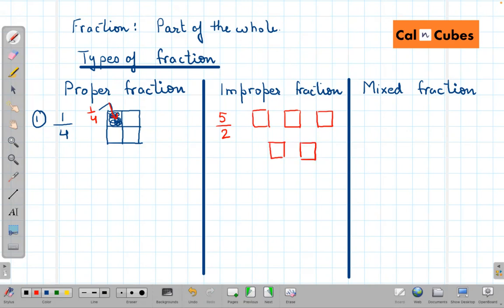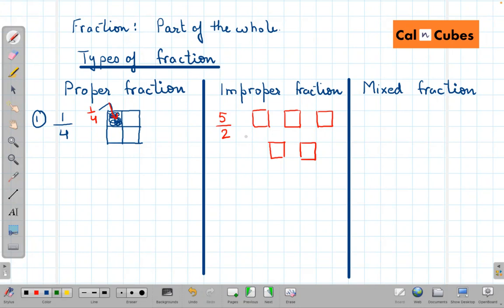Now, 5 squares are being divided among 2 people. How will you divide? Tell me. We can't divide, ma'am, because 5 is an odd number. Suppose you have 5 apples in your home and you have to divide them between you and your sister.